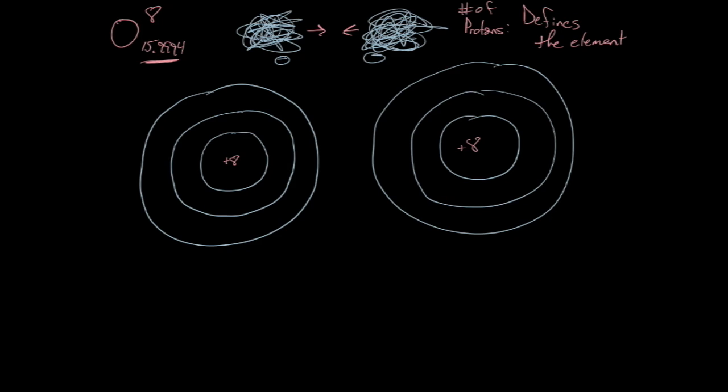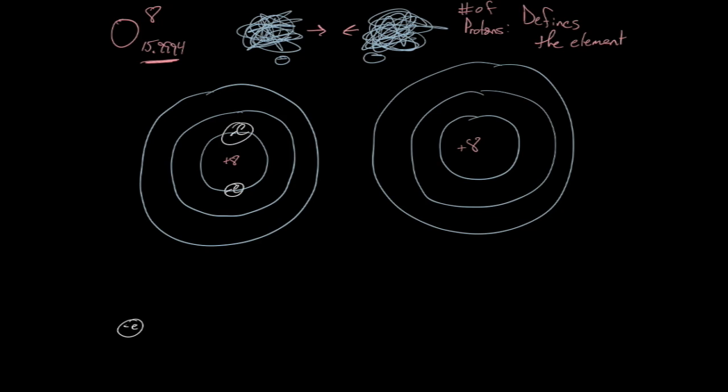If it's going to pull in 8 electrons, and the electrons are white, let's say, the very first thing it does is the first 2 get pulled in as close as they can possibly get. And that would be in the first energy level.